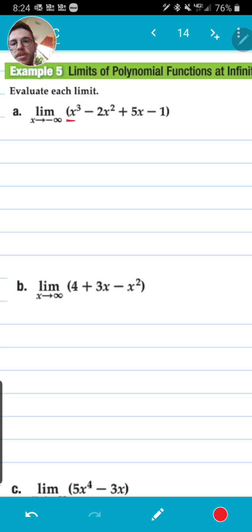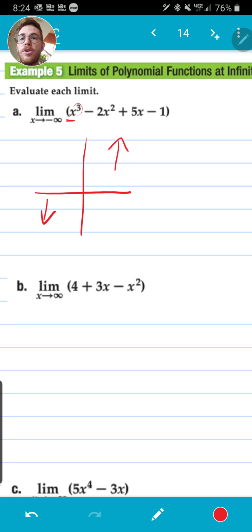And the leading term test says if our leading coefficient is positive, then the right side is going to point up. And if the degree is odd, the left side is going to do the opposite thing. So we have an idea on the inside, it might do something like this, but we don't really care what's happening on the inside.